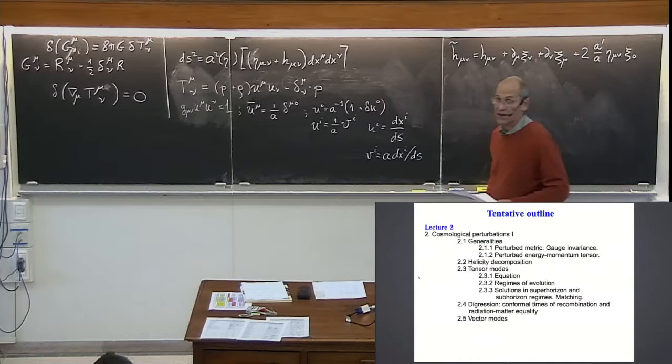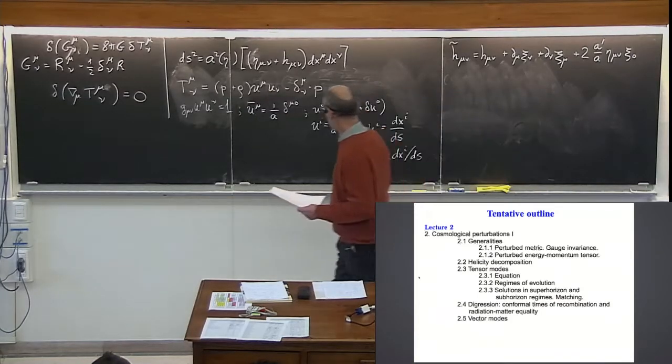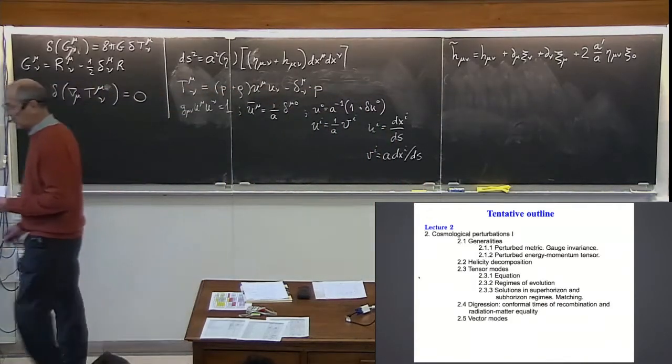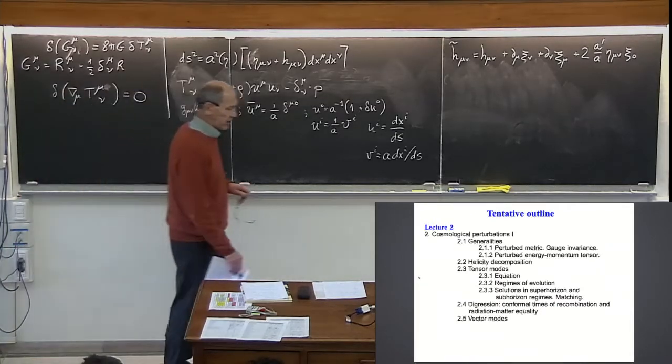Because a times dxi is the physical length element. Okay, so vi are physical velocities here, and they are small. The fluid moves slowly in the linearized approximation.